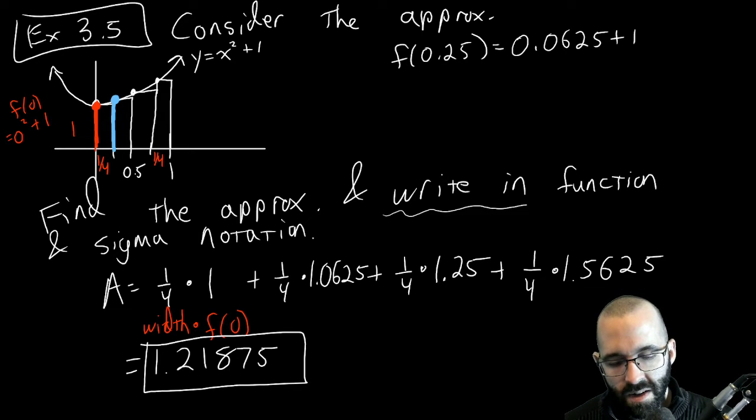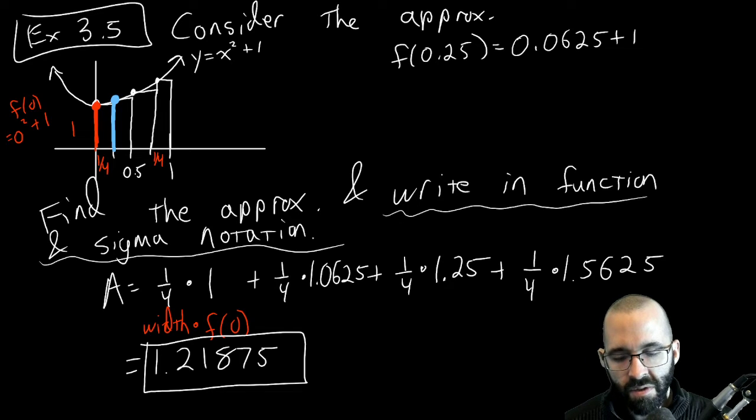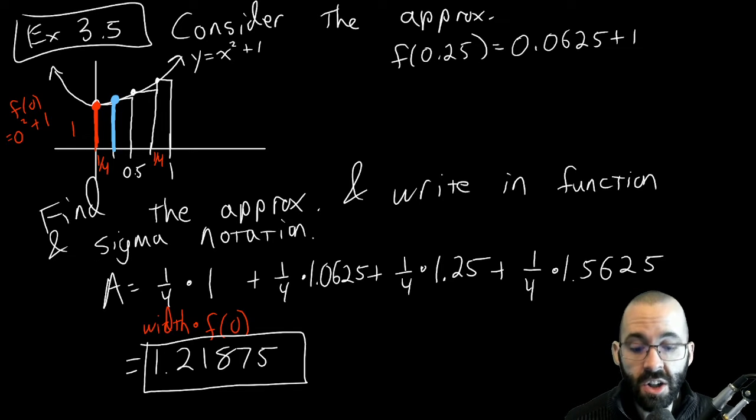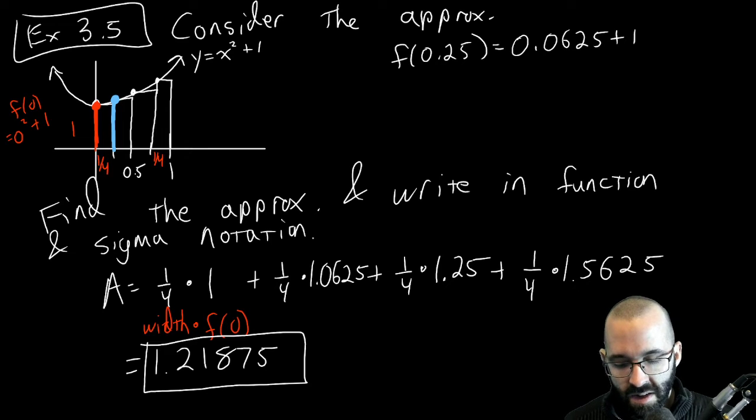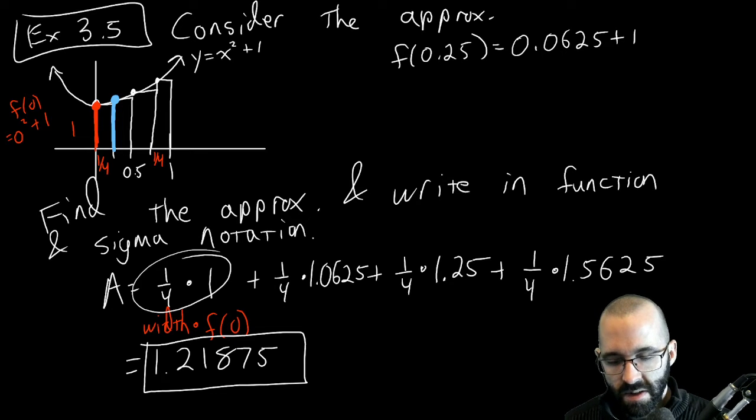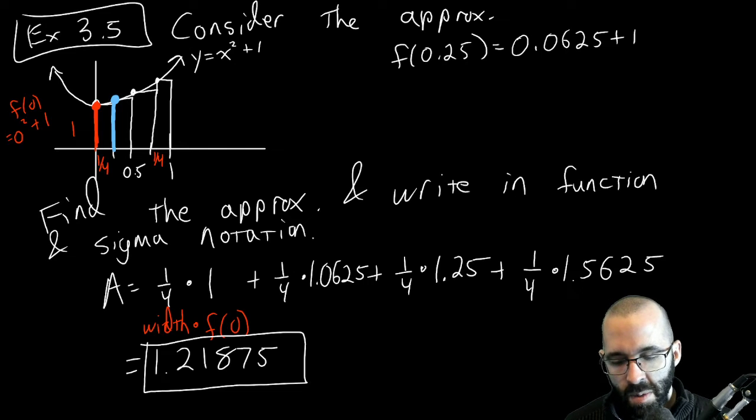Now part 2. Right, with function and sigma notation. We're really close, right? We said it's just the width times the function value at 0. All right, so we just need to add it all up.